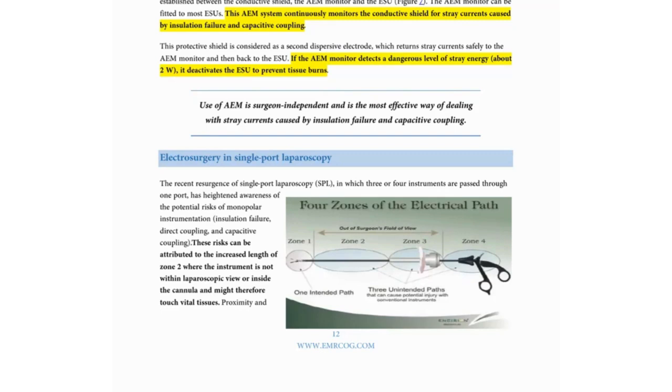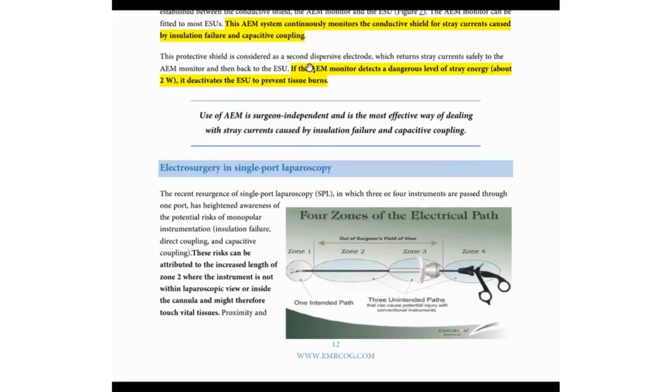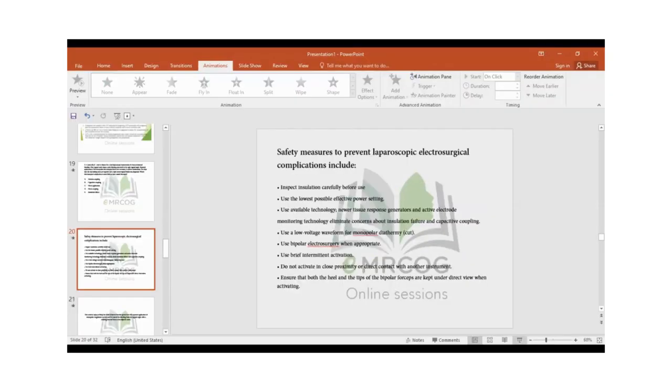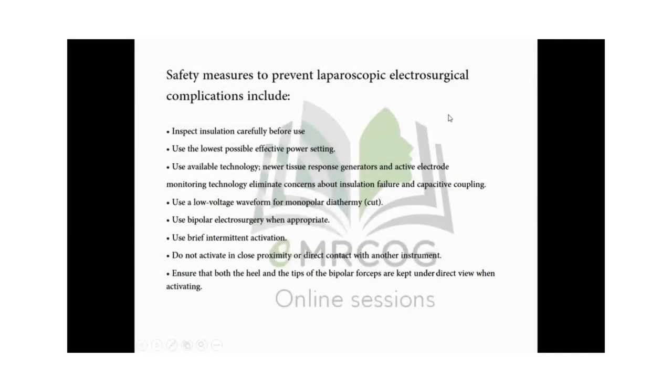Okay, let's get back to how we can avoid the injuries, because again, this is very important for your exam. We should inspect for any insulation defects before we start. Best, we should use the lowest possible effective power setting.